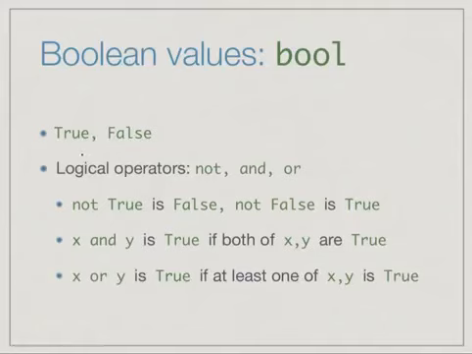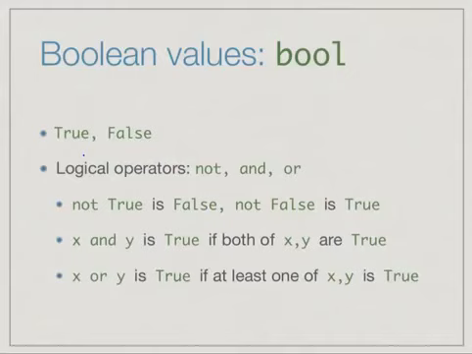Or again has an English meaning, but the meaning in computer science and logic is slightly different from what we mean. Normally when we say or, we mean one or the other. So you might say either I will wake up in time or I will miss my bus. What you mean is that one of these two will happen. It's unlikely that you mean that you will wake up in time and you will miss your bus.